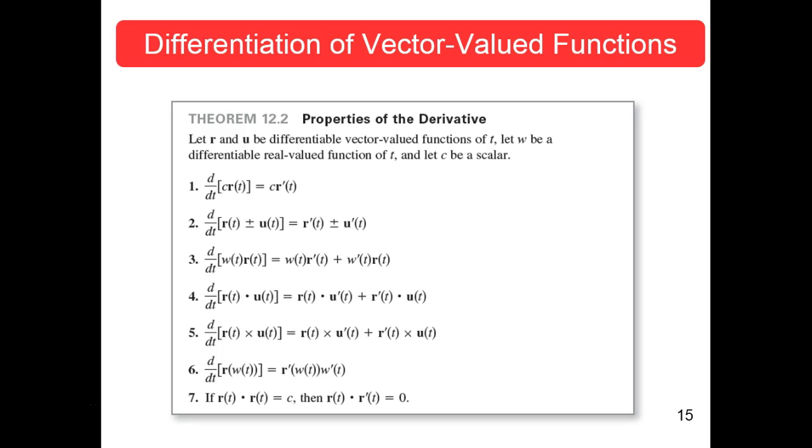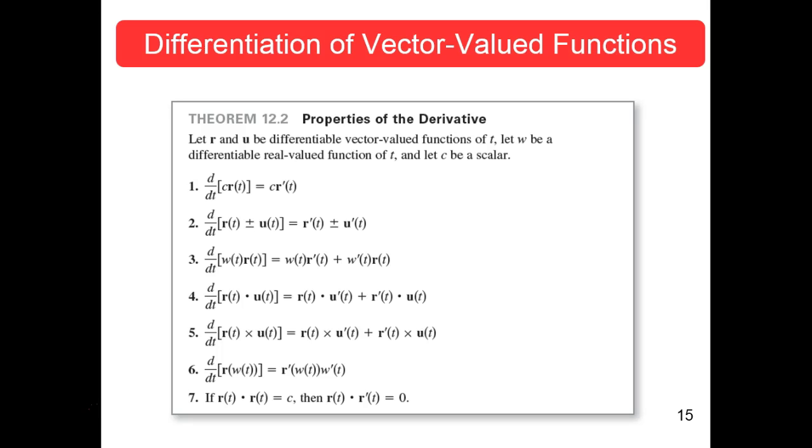Okay? Notice they did not have this one on the outside and that on the inside. That hasn't been defined yet, and I'm guessing it doesn't really make sense. Okay? Because you can't take a scalar function of a vector quantity. So that doesn't even make sense. So you have to have the vector on the outside, and then it works perfectly.